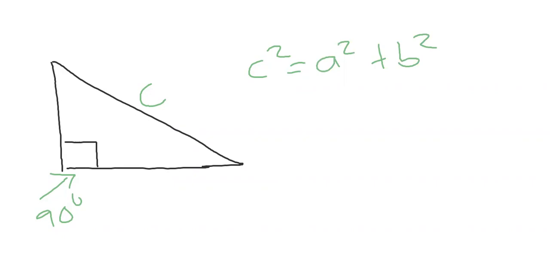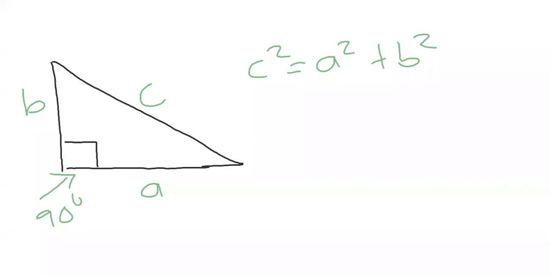C is the longest side of your triangle, and A is this side, and B is that side. So if you want to find the length of C, take the length A squared, add it to the length B squared, then you'll get the value of C squared.